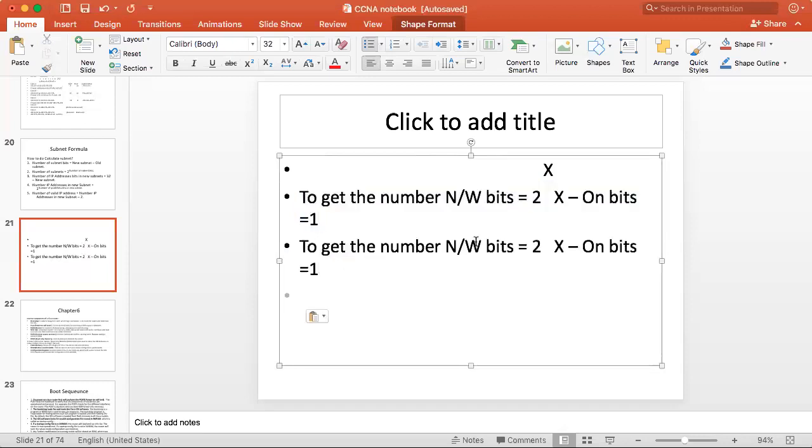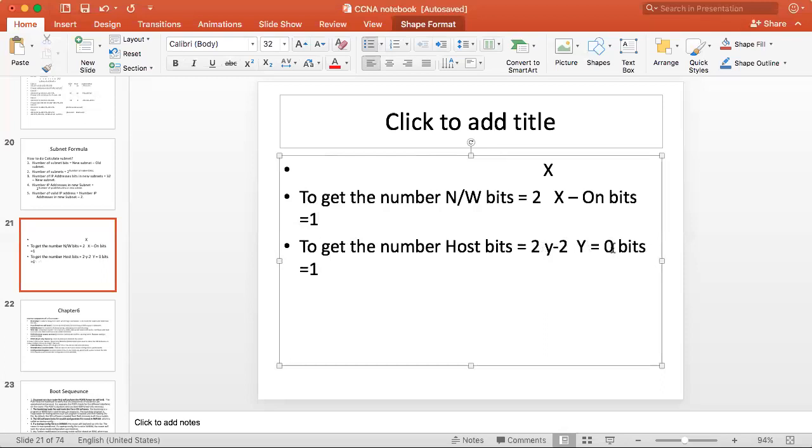Next is to get the number of valid IP addresses, or you can say host bits: 2 to the power y minus 2, where y is the off bits, and off bit means 0.